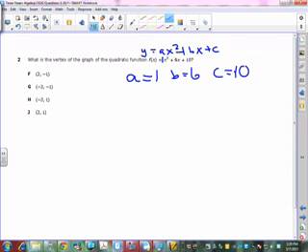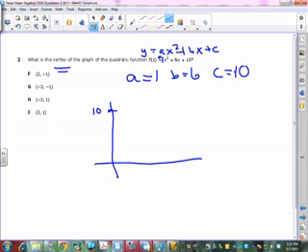By the way, if you were to graph that, since a is +1, would that parabola be concave up or concave down? All right, that's going to be concave up. And you can also tell the y-intercept. What's the y-intercept going to be? Okay, so the y-intercept is 10, and we know it's going to be concave up.